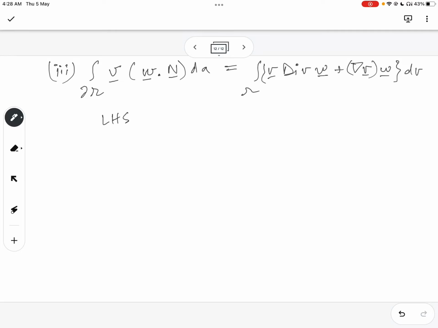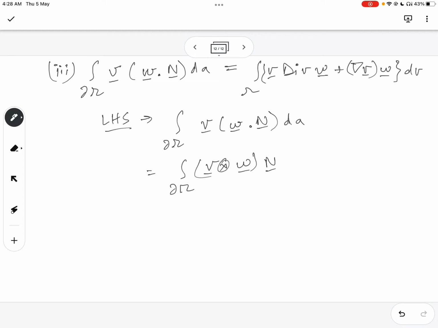So again, working on the left hand side, we have the integral over del omega of v w dot n dA. This can be written as the integral over del omega of (v diadic w) acting on n dA.